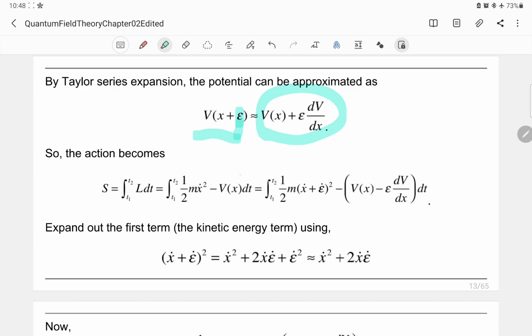Actually, there's a term, it's supposed to be epsilon square over 2 factorial plus dV/dx, and this is already very small, and even much smaller is the epsilon cube, and so on. So we neglect those terms and just consider these terms.